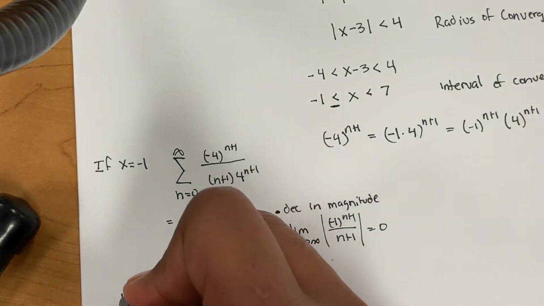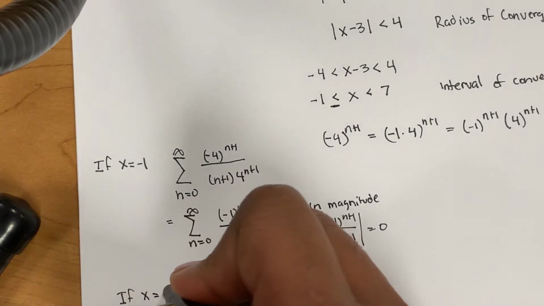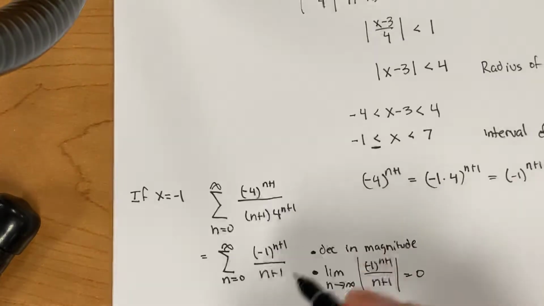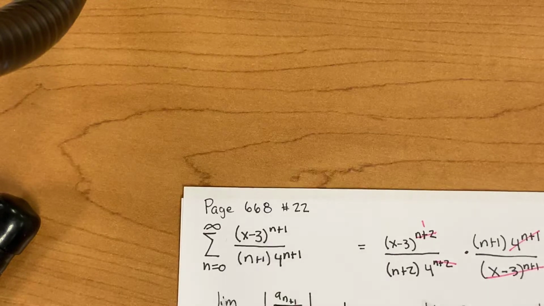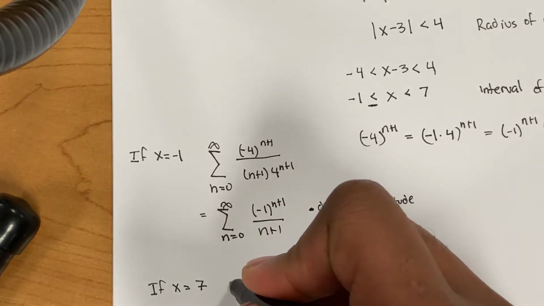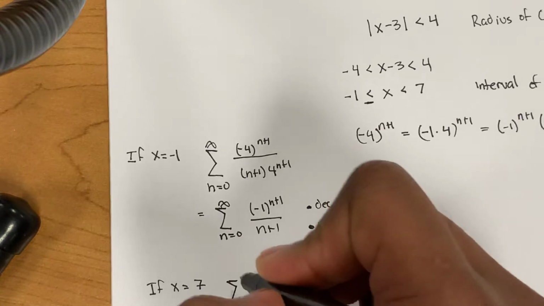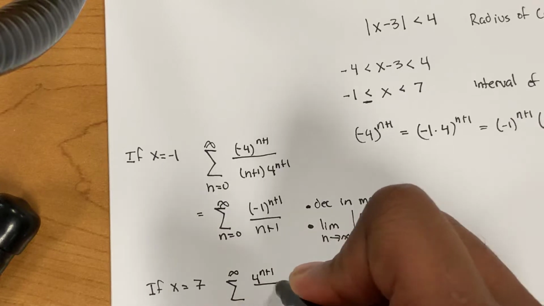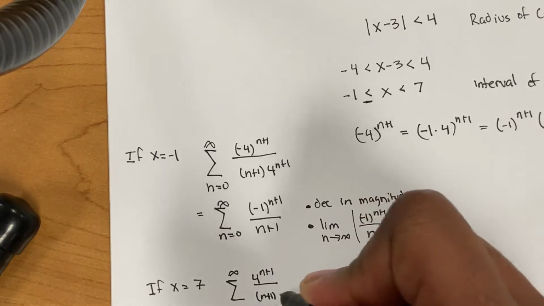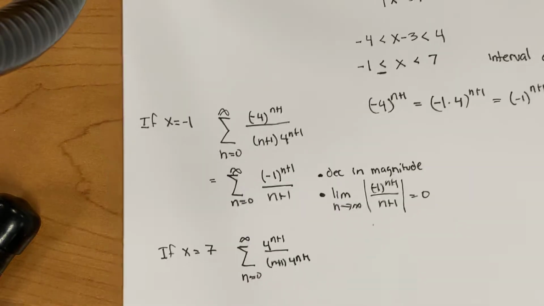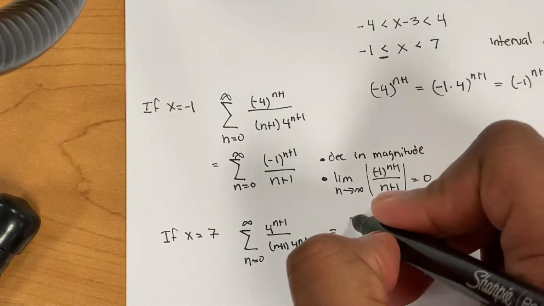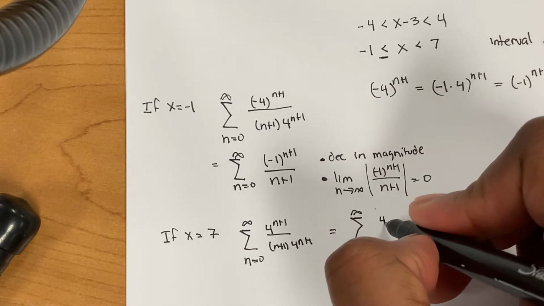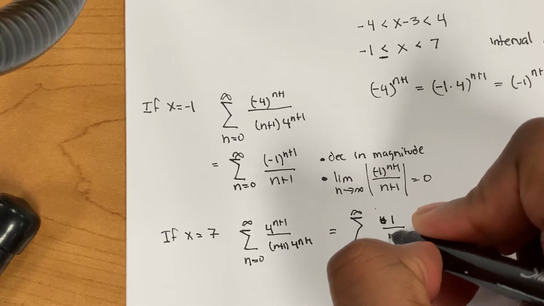The second thing we check is if x equals 7. Again referencing this sequence, if x was 7, we would have the sum from n equals 0 to infinity of 4 to the n plus 1 over n plus 1 times 4 to the n plus 1, which is the sum from n equals 1 to infinity of just 1 over n plus 1.